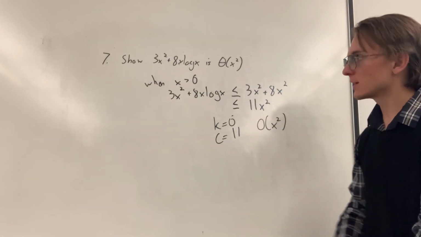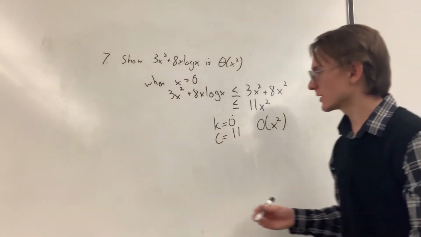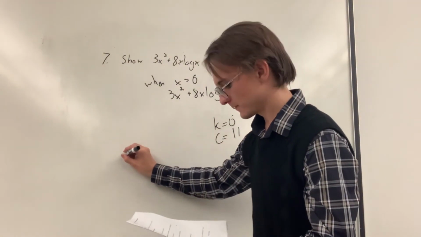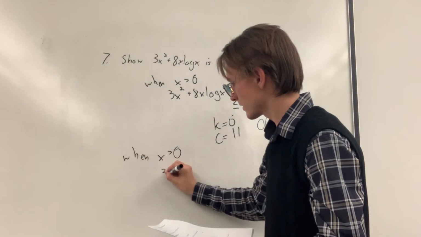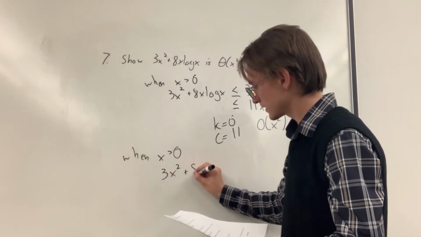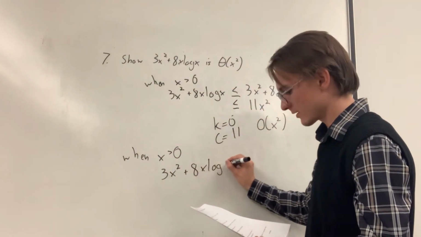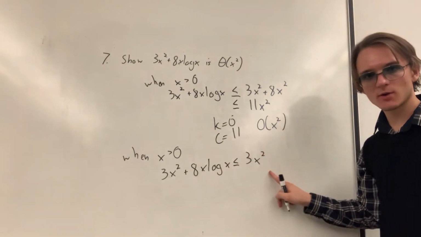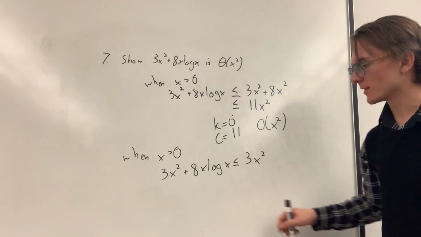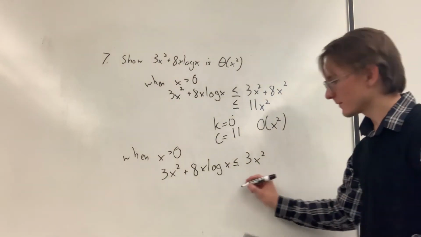Now we have to show that it's also big omega of x squared. So when x is greater than 0, 3x squared plus 8x log of x is greater than or equal to 3x squared. It's just the most quickly growing component within this expression. And then, well, we're done.